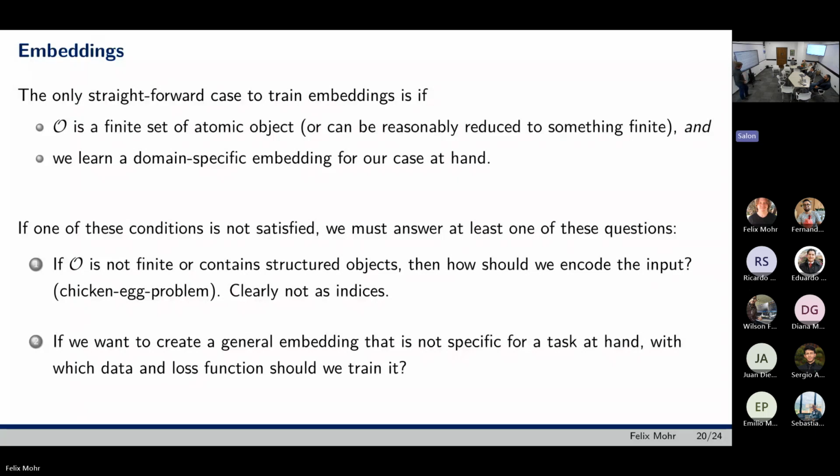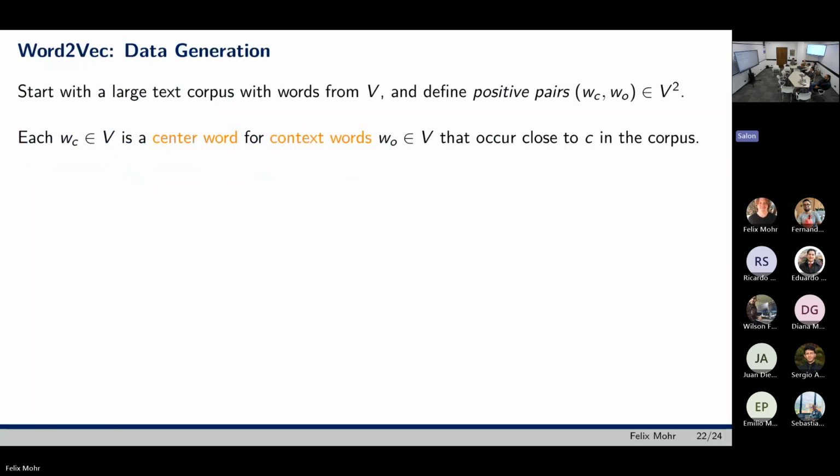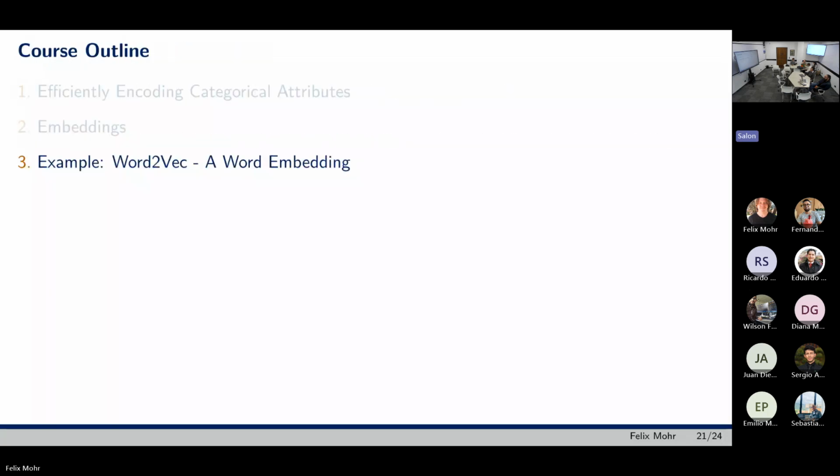So this is maybe a bit of a tough question. This leads to the third part, for words. Here the task would be: I want to create a nice embedding for words, so that words that are somehow more similar to each other are closer together.